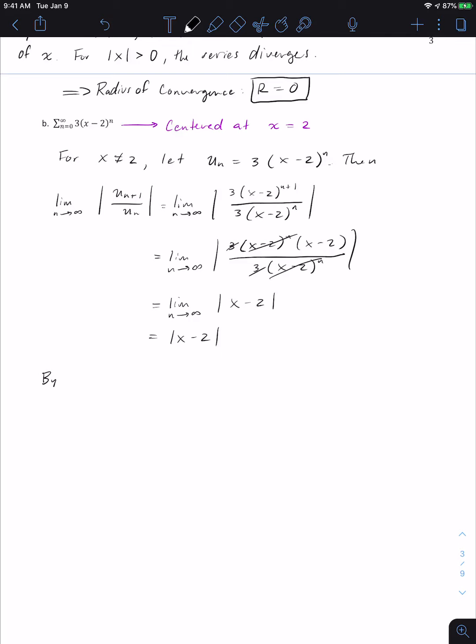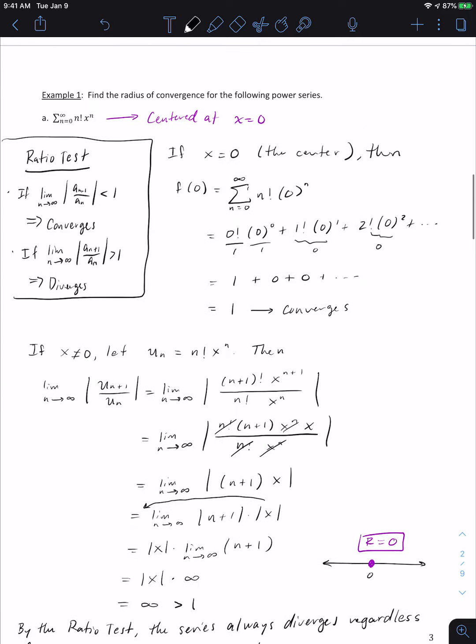So by the ratio test, the power series converges if the absolute value of x minus 2 is less than 1, and it diverges if the absolute value of x minus 2 is greater than 1.